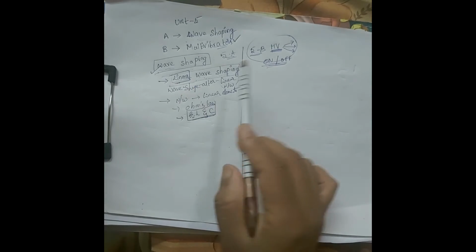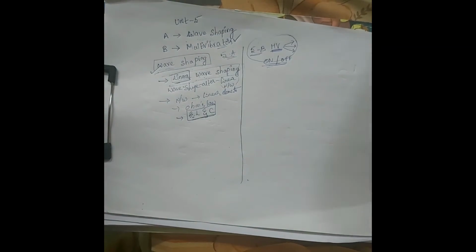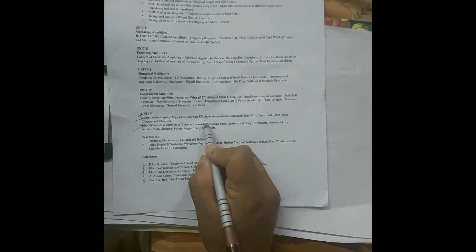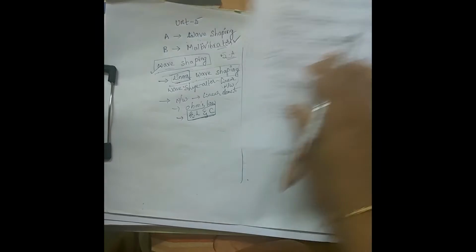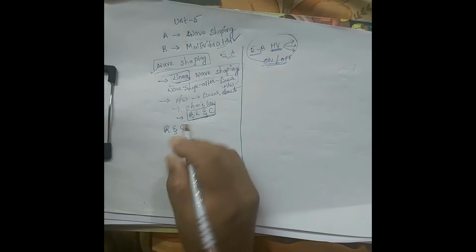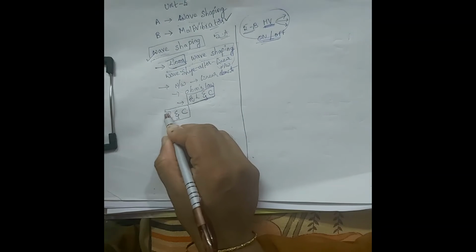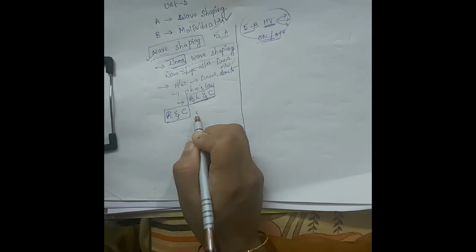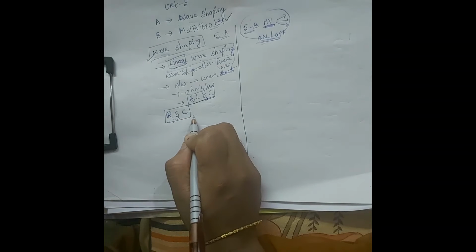Okay, so in this linear wave shaping, in the syllabus we are having only RC circuits. That means we are going to see only the combination of resistor and capacitor. So R and C, resistor, capacitor, only two elements we are having.